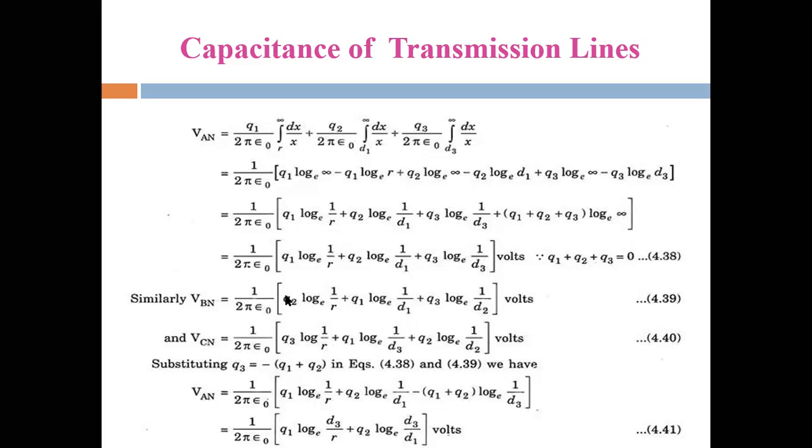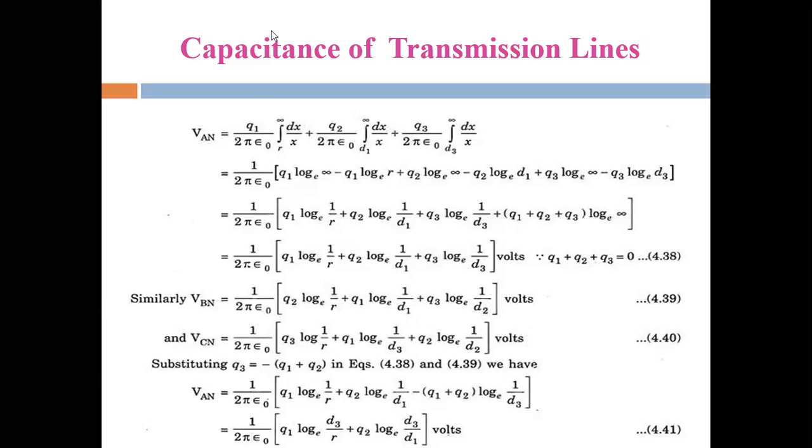Okay, the radius of the conductor B is the R. Then D1 is the distance between the conductor A to B and D2 is the distance between the conductor B to C. Then the radius of the conductor C is the R and the distance between the conductor A to C is the D3 and the distance between the conductor B to C is the D2.